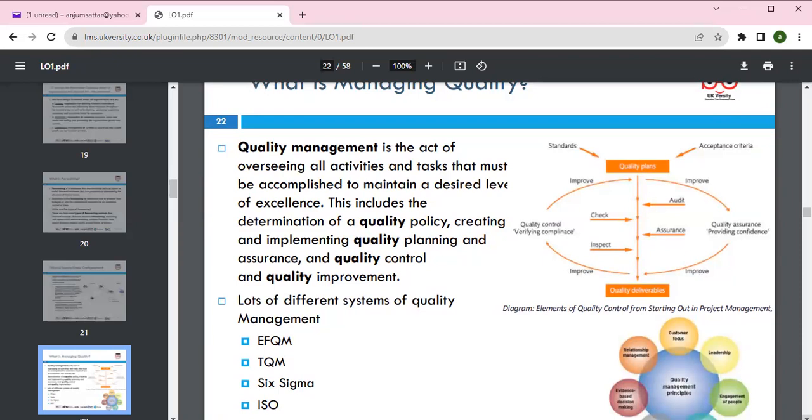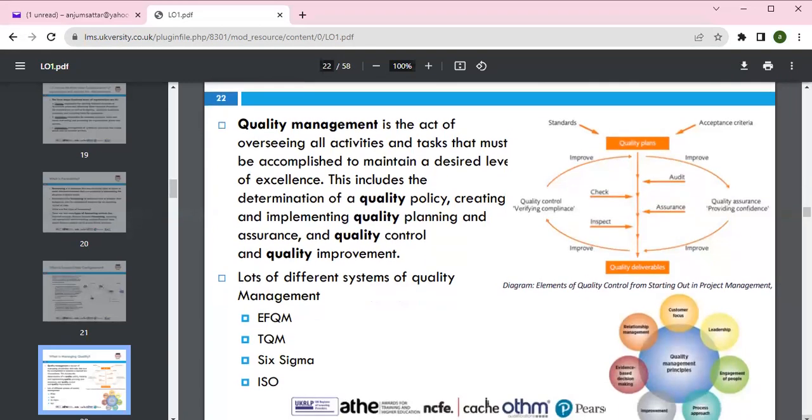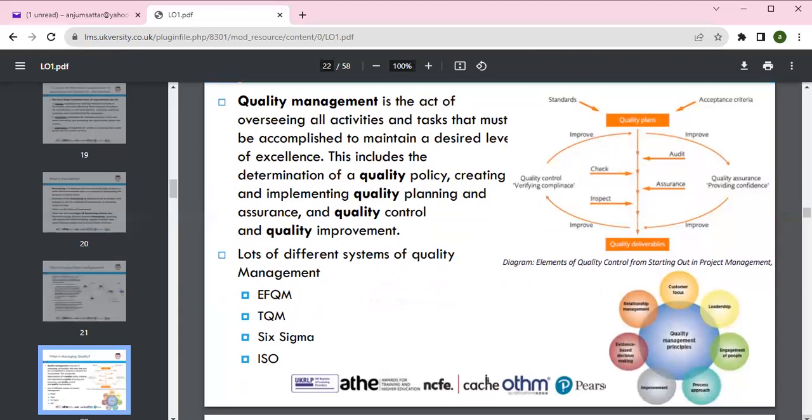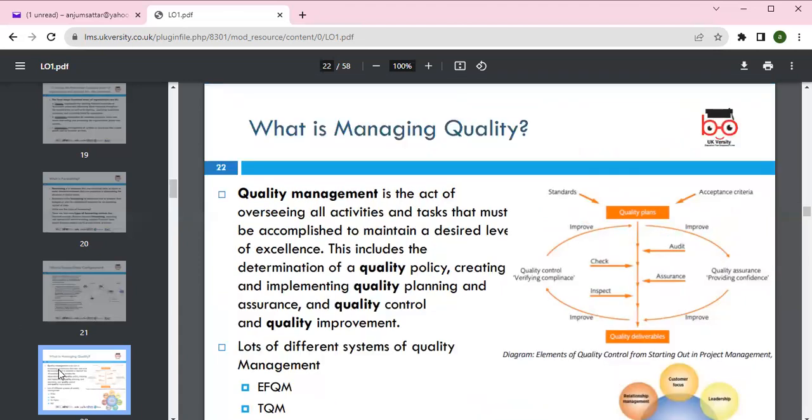Six Sigma is also a Japanese approach, which gives quality excellence. We do the audit and check against the standard. ISO, the International Organization for Standardization, issues the certificate. If you say the same thing you are doing and you have documentary evidence, you are entitled to get the certificate.